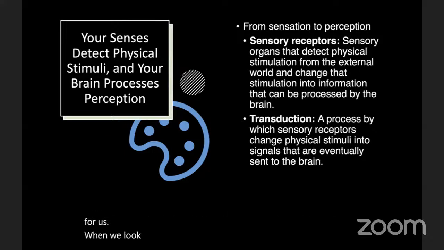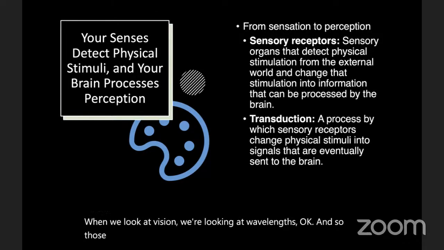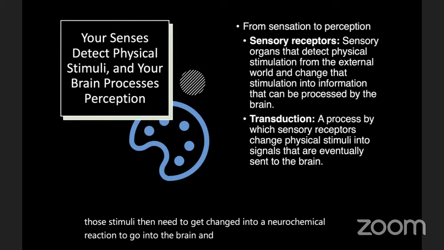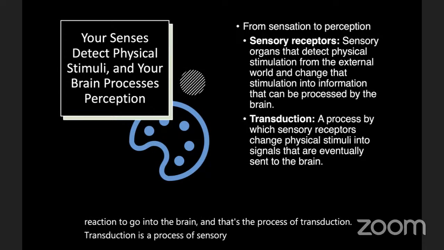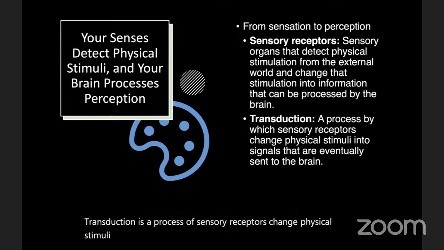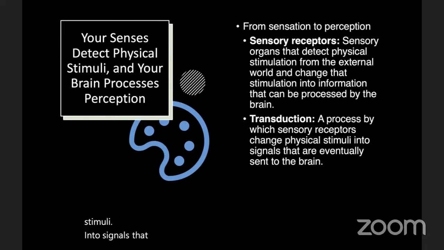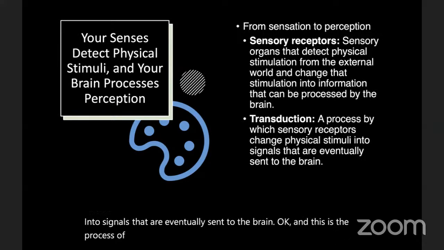When we look at vision, we're looking at wavelengths, okay? And so those stimuli then need to get changed into a neurochemical reaction to go into the brain. And that's the process of transduction. Transduction is a process of sensory receptors changing physical stimuli into signals that are eventually sent to the brain. Okay, and this is the process of transduction.